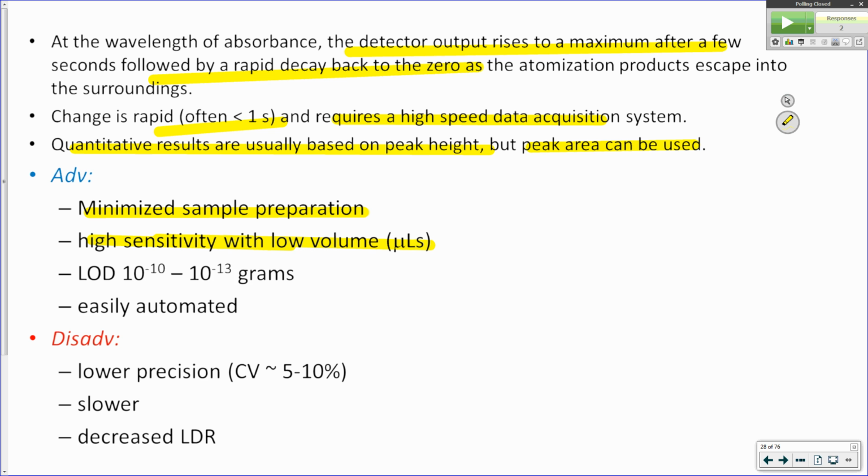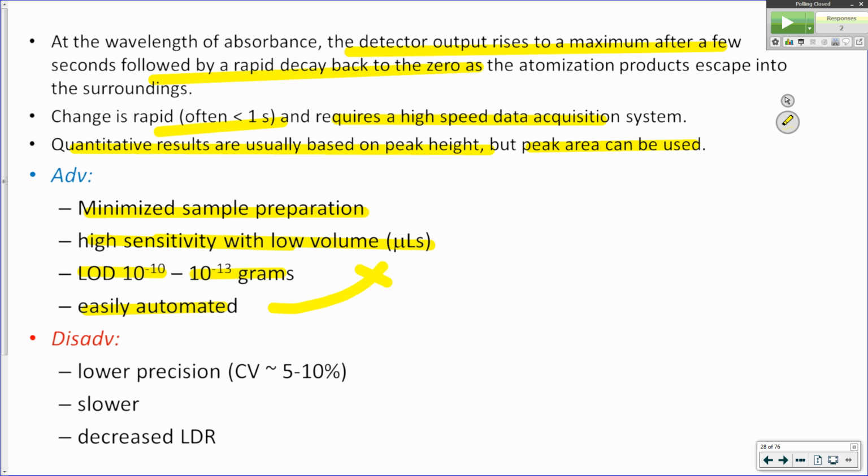The limits of detection are in the neighborhood of 10 to the minus 10th to 10 to the minus 13th grams, depending on the element. And because we're dealing with such a low volume, it's very easily automated. It's easy to move around a few microliters at a time with pipetters and syringes.